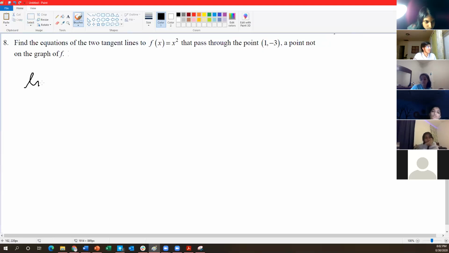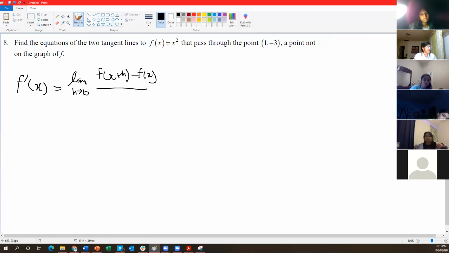So the first thing is, let me write it out, f prime of x is equal to the limit as h approaches 0 of f of x plus h minus f of x over h. That's equal to the limit as h approaches 0 of x plus h whole squared minus x squared over h.